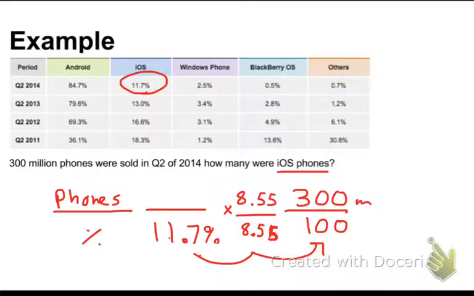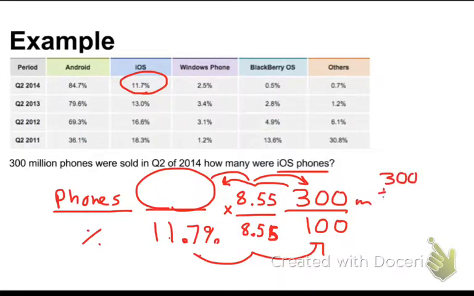Now, this is one of those problems where I have to go backwards. I know some value times 8.55 gives me 300 million. But instead of multiplying, I've got to go the other direction, so I'm going to divide. I'm going to do 300 divided by 8.55.